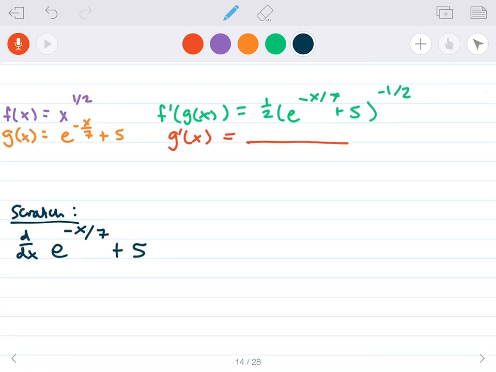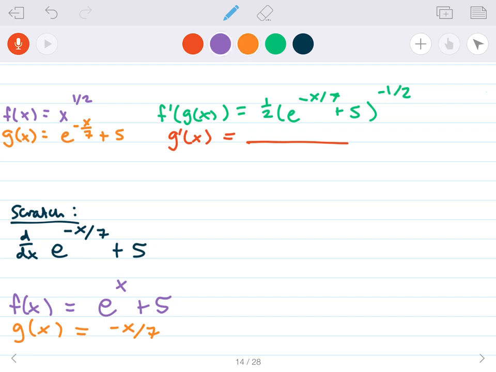We can see that our outer function is just going to be e to the x plus 5. That's pretty easy to differentiate. And our inner function, in this case, is going to be negative x over 7, because that's what I need to plug into f to get my original function in black.